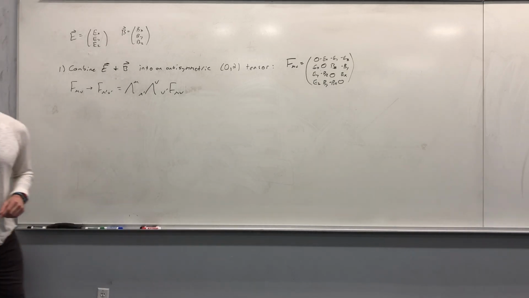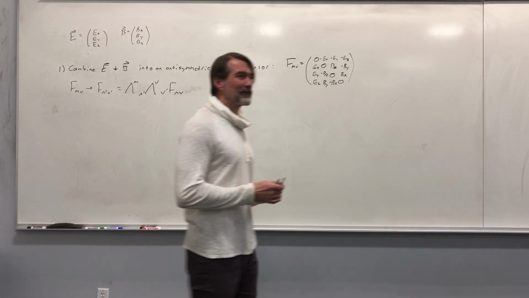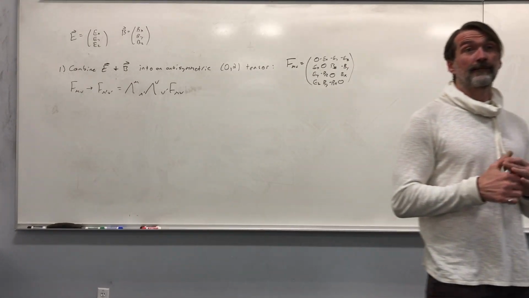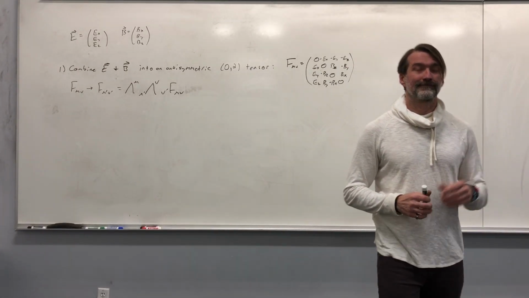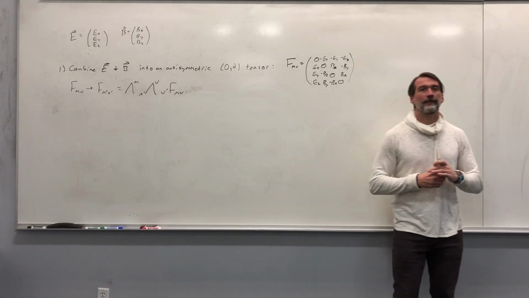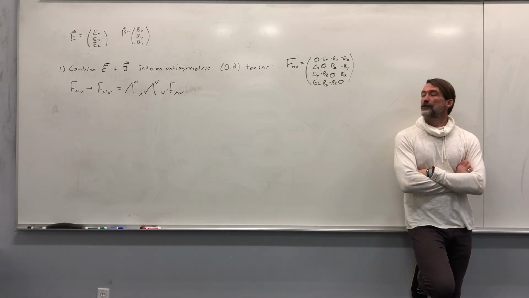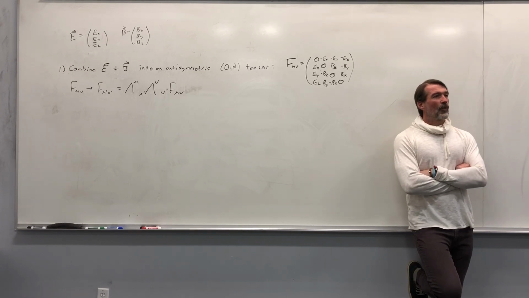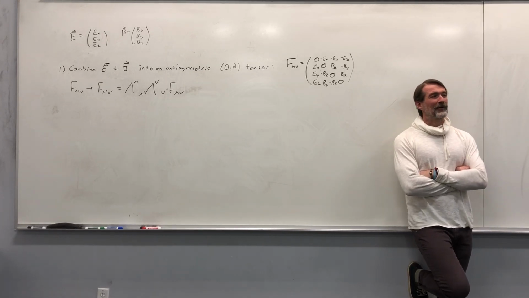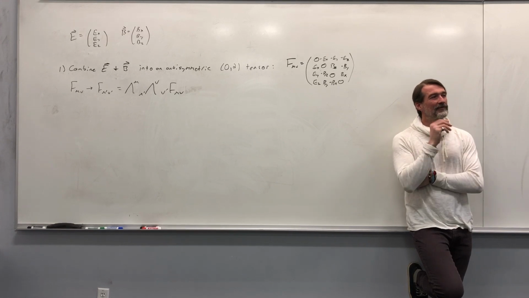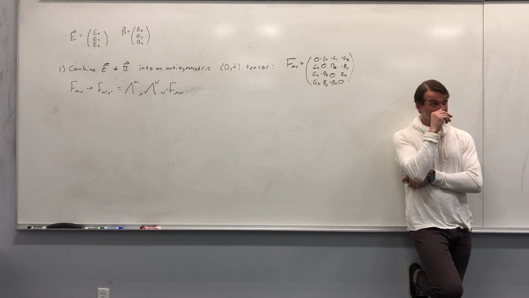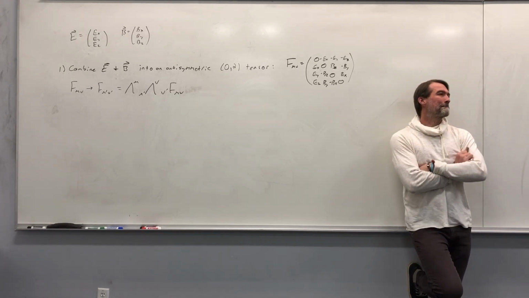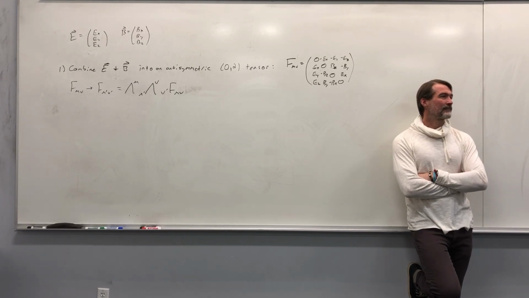Now, before I move on, I want to ask you a very interesting question, because you were asking me about a curl. Look at the F mu nu behind me. What do you think it would look like in 5 dimensions? It's pretty straightforward, right?